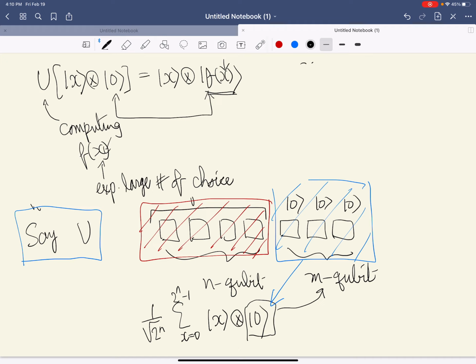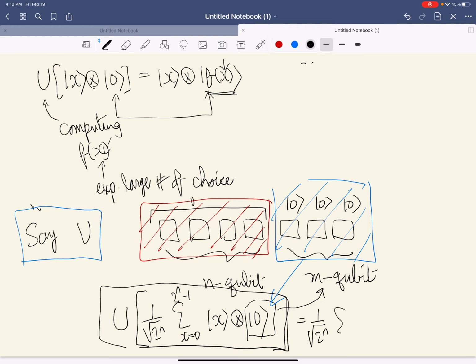However, if you generate such a state and then do this U operation on such a state, then the consequence is that, just as we were able to generate all possible choices of the variable x, there are exponentially large number of choices for x, and we were able to generate them all because of the Hadamard operation.